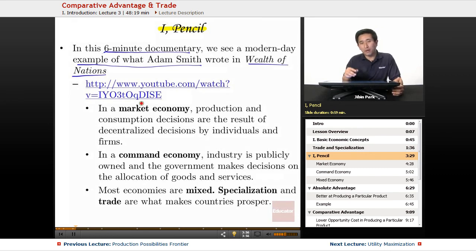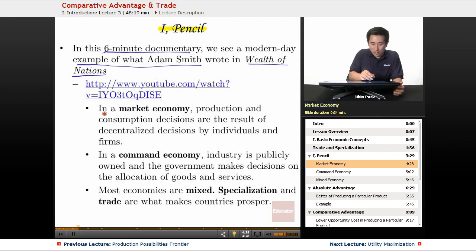Each part of a pencil is made in different countries, and no one country is really capable of making the pencil because it would be too cost prohibitive, and the pencil takes so many different stages. So you see the beauty of a free market economy, of letting individuals come to the marketplace, and the invisible hand of Adam Smith coming together in making a pencil.